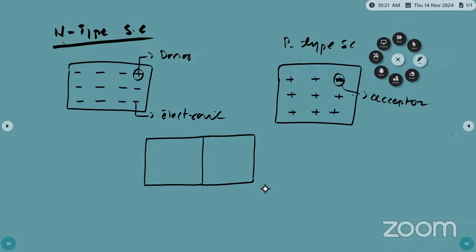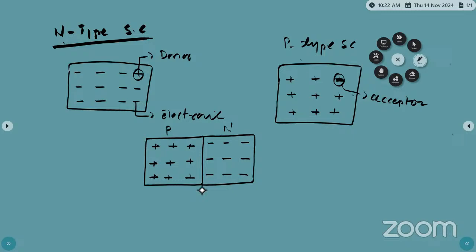Simply we are joining the N-type semiconductor and the P-type semiconductor. This is the P, this is the N-type. So the N-type has electrons as charge carriers, and this one has holes as charge carriers.